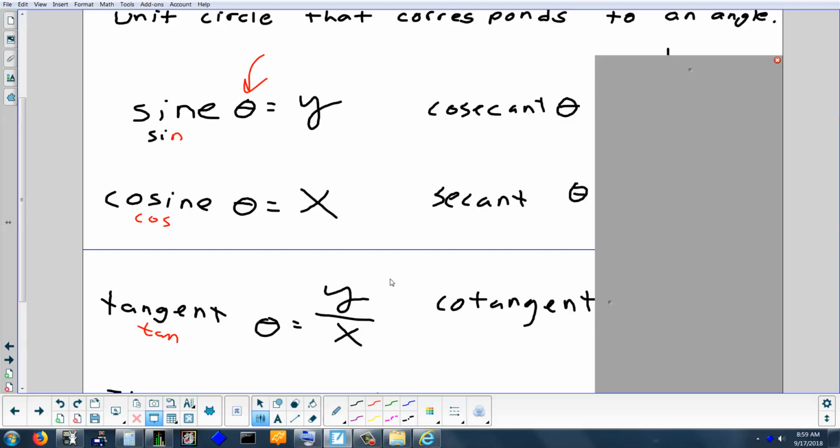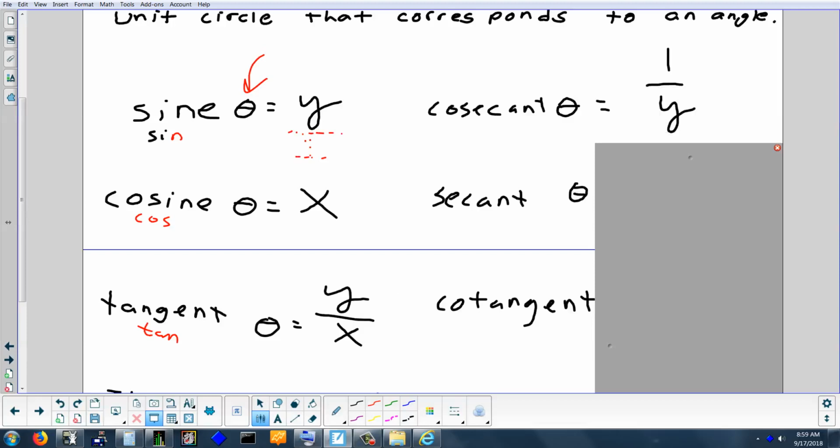So Skylar, the only fraction I have right now is the tangent, y over x. But if I wanted to make sine into a fraction, what number could I put? It's like invisible underneath if I wanted. A 1. I could put a 1. And we can put it over 1. And the way you get the 3 trig functions on the right is all you do is take the ones on the left and flip them.